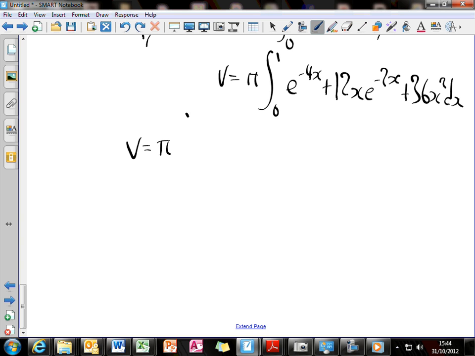So it's going to be π. This is going to go to e^(-4x), but I'm going to have to put a minus quarter in front of it.